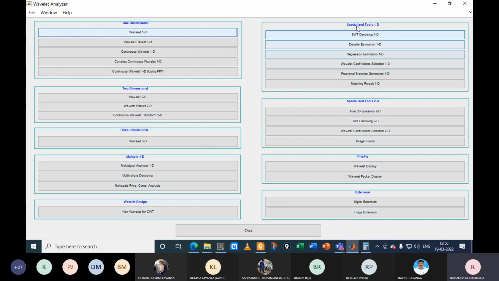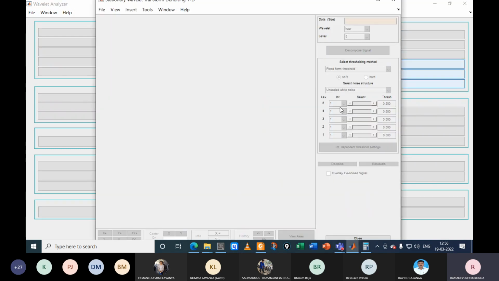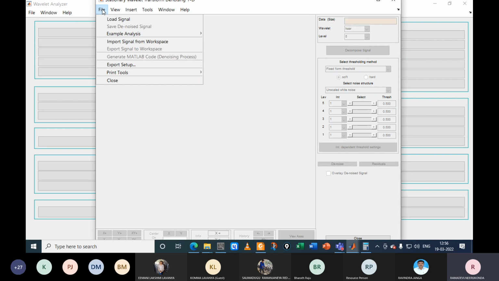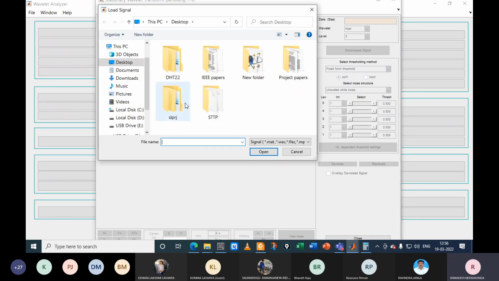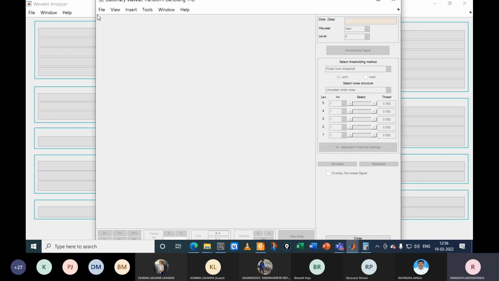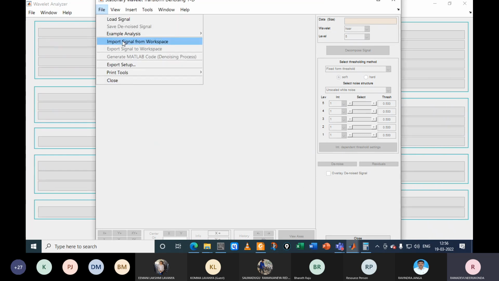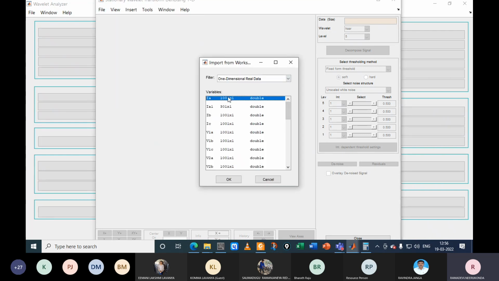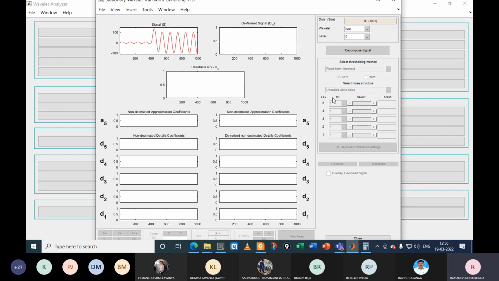reconstruction of the signal, making use of SWT denoising of the one-dimensional signal. So here also we import the signal from the workspace.